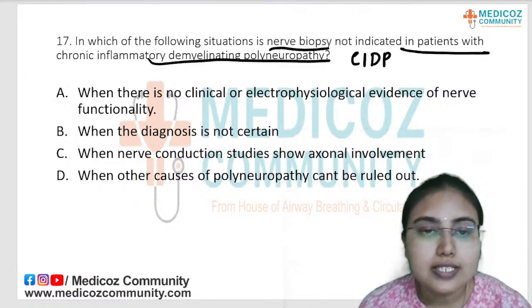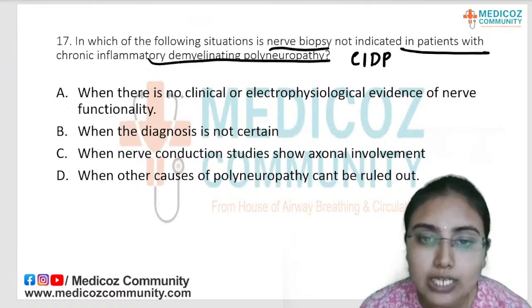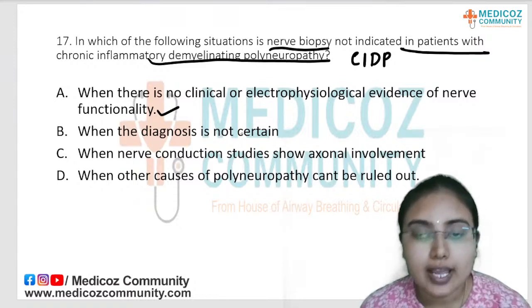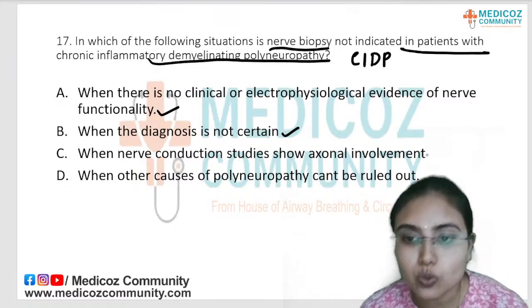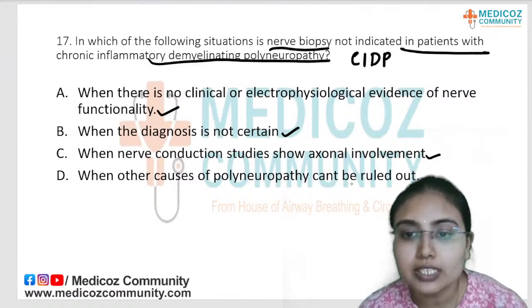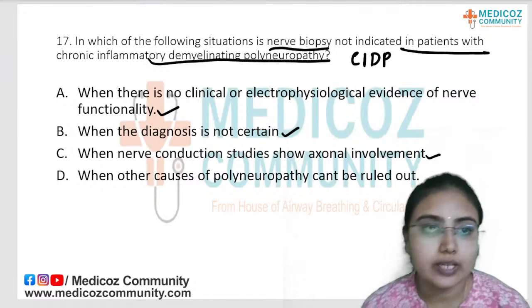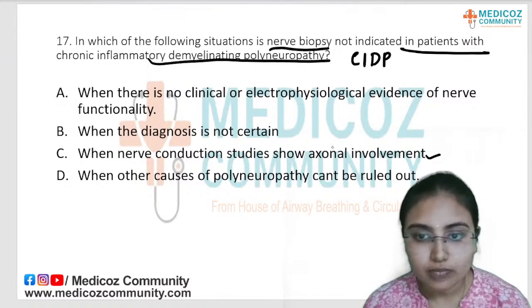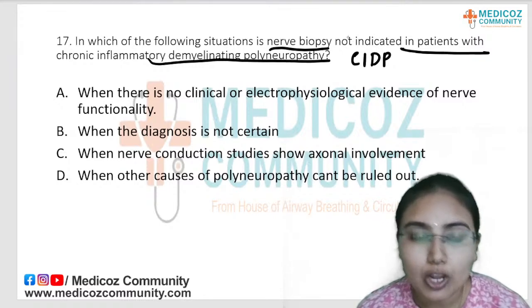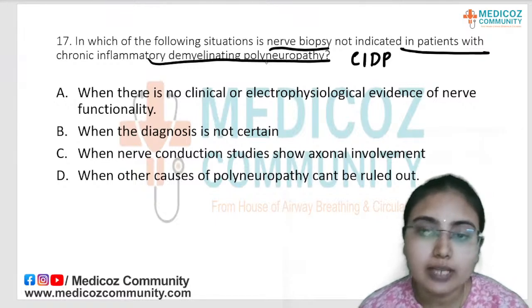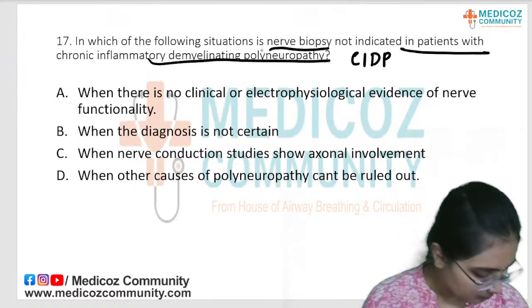First option A is when there is no clinical or electrophysiological evidence of nerve functionality, when the diagnosis is not certain, when nerve conduction studies show axonal involvement, or when other causes of polyneuropathy can't be ruled out? I want you to take a guess. Which do you think is the option? When is biopsy not indicated? I'll wait for some time so that you can put it in the chat box.